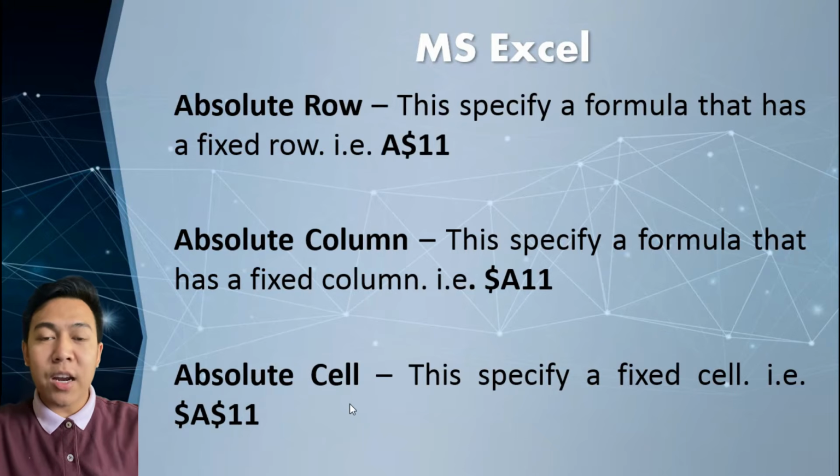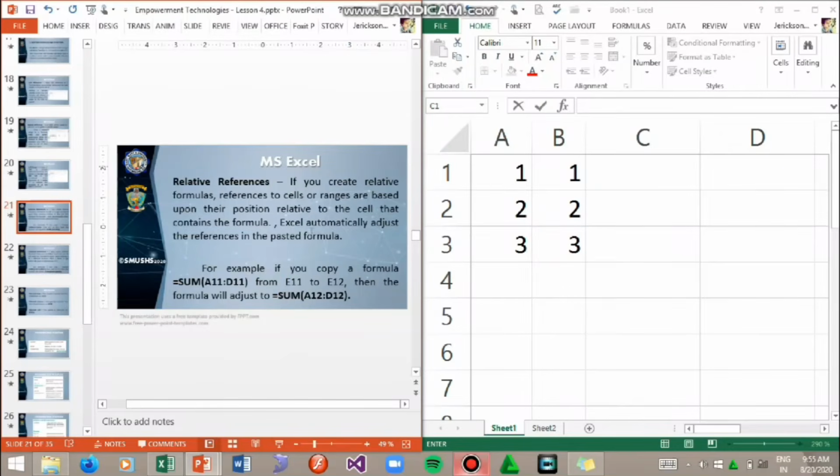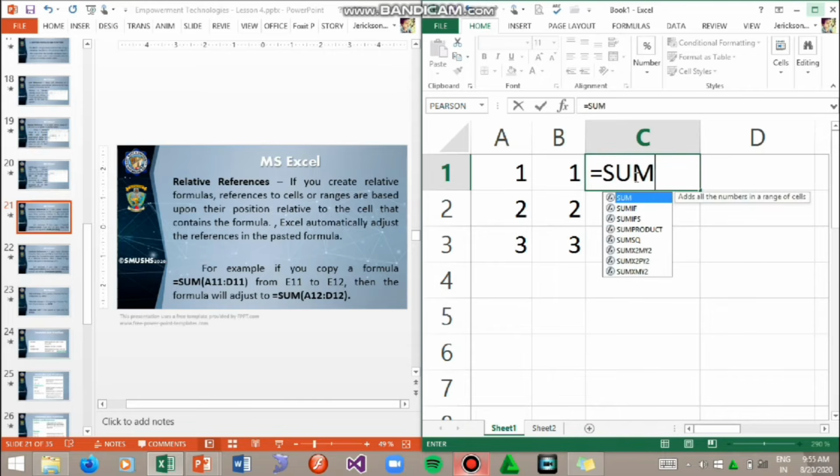Okay, so to further understand how relative and absolute reference is done, let's watch this video. And we can also learn how to use the different Excel functions and formulas in the video. Let's try to compare the relative reference and the absolute reference by doing this. We have to get the sum of the two values, so let's use the sum function.